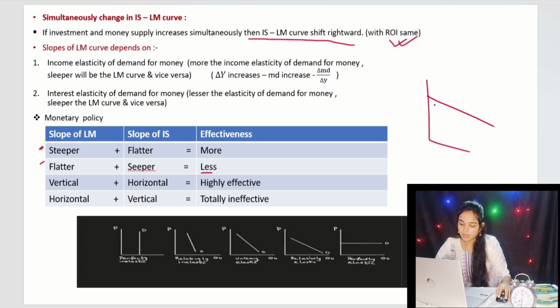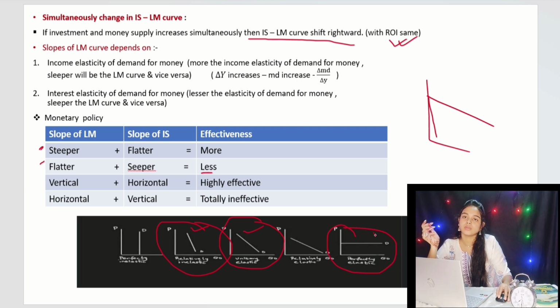If we take the example of elasticity of demand, when demand is elastic, meaning more than one, the curve is flatter, and when it is less than one, it is steeper. Or we can say when demand is perfectly elastic, meaning infinite, the curve is flatter.